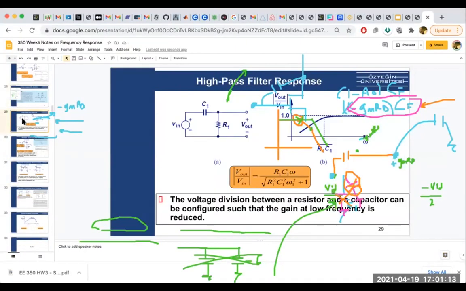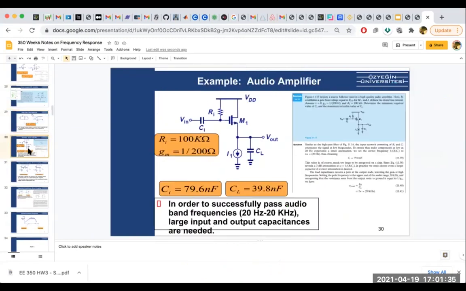Alright, okay. Bunu anlattım. High pass filter. Mesela this is an example of the first few slides I presented in the lecture. You remember the Bode amplifier? Actually, the amplifier response is something between 20 hertz to 20 kilohertz. So we need to design it accordingly, right?